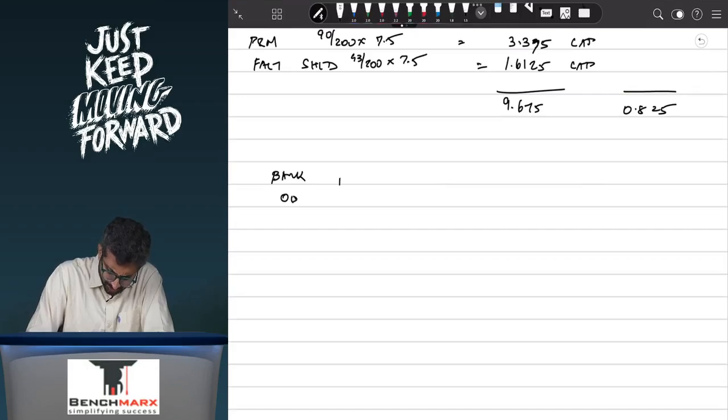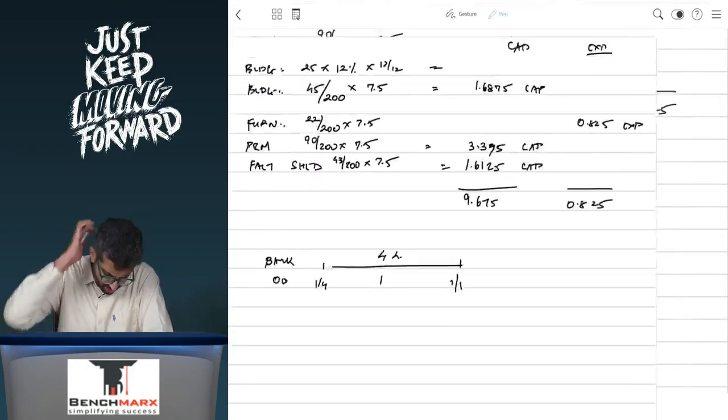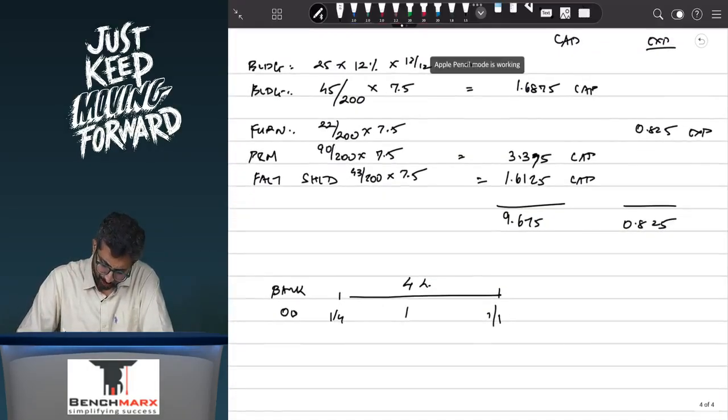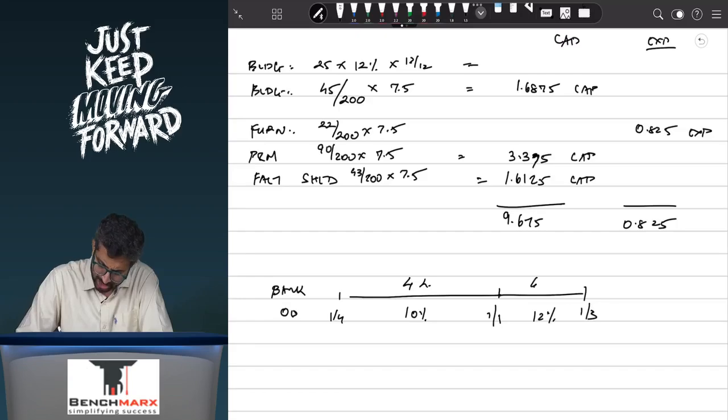From the very first day, that is 1st April, all the way till 1st January, the overdraft was 4 lakhs and the rate I think was, how much was it? 10%. Then I think the rate increased till 1st March to 12%, but the overdraft is still 4 lakhs. And then for the last 1 month till 31st March, this became 8 lakhs and the rate became 12% still.